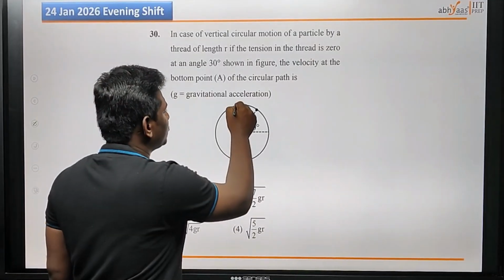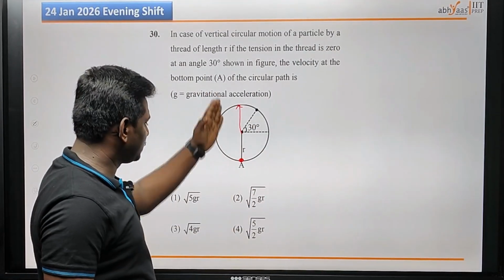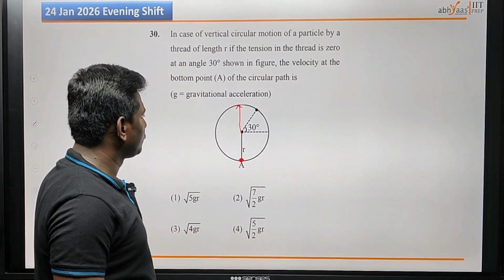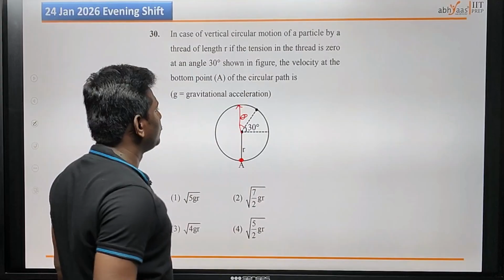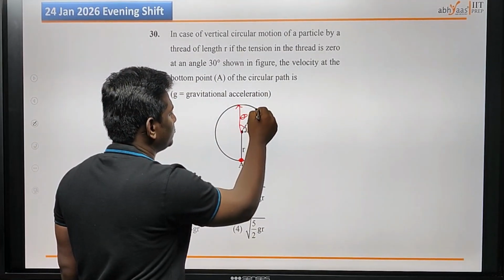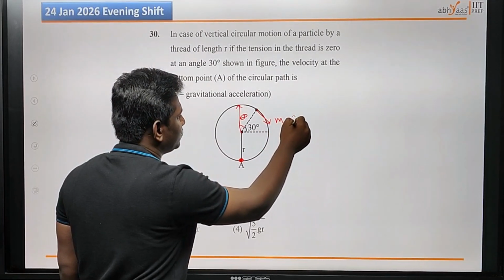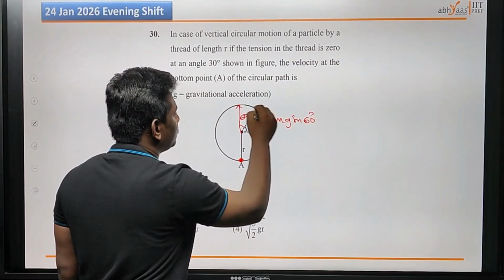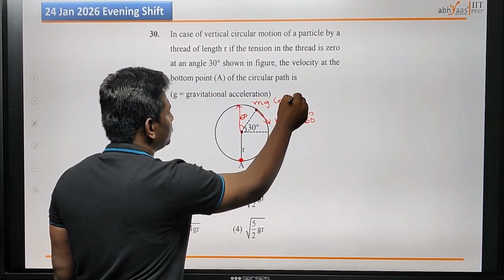So take this length as the total length. This will be your 60 degrees. Then you can write this is mg sin 60 and this is our mg cos 60.